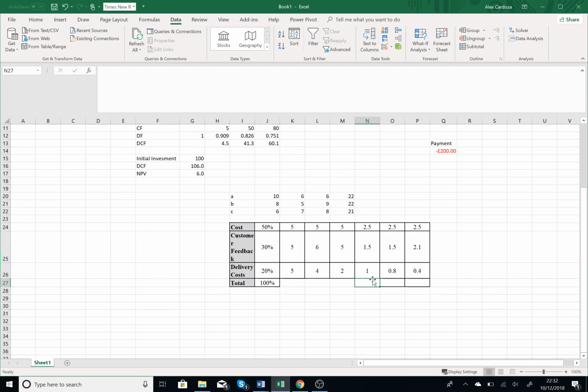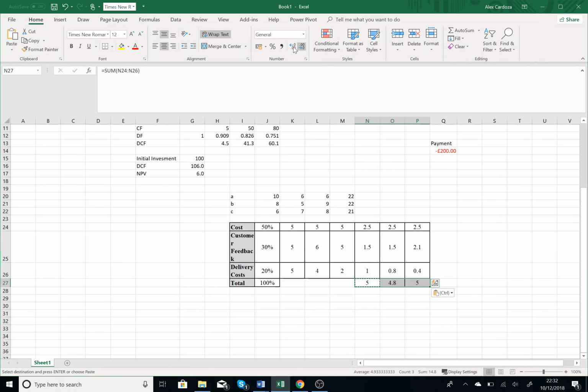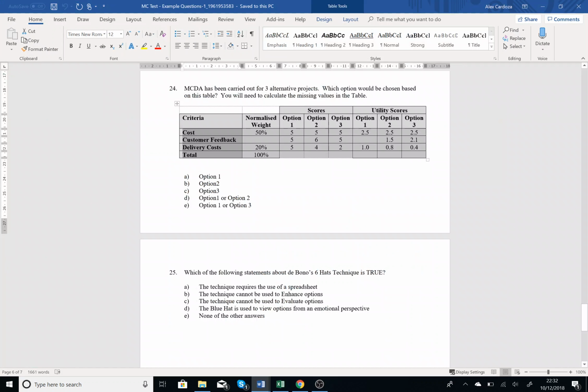So we know what the answers are there, great. So you just sum that up then. And then we can see the best options are either option 1 or option 3. Okay, so the answer is E.